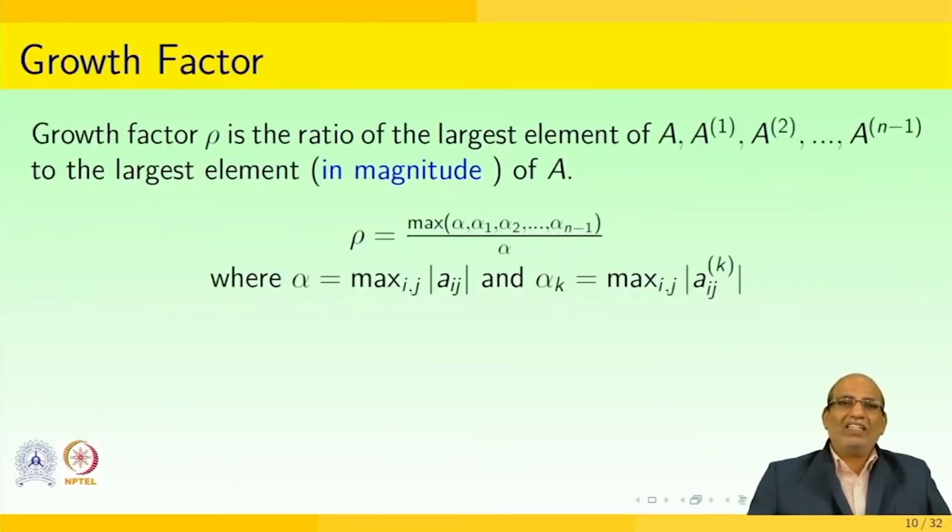Now let us see the growth factor. How do you obtain the growth factor?